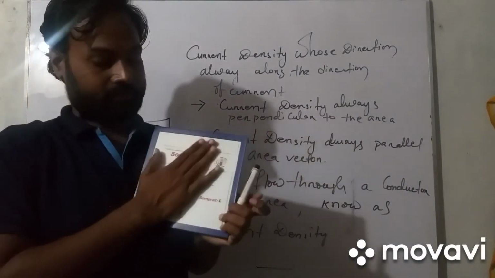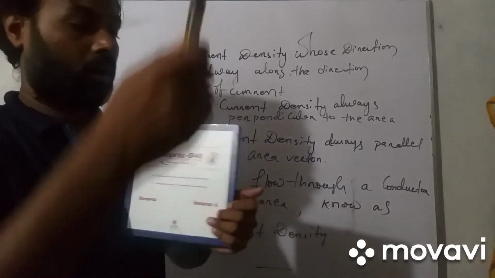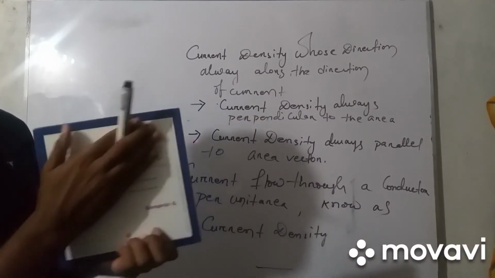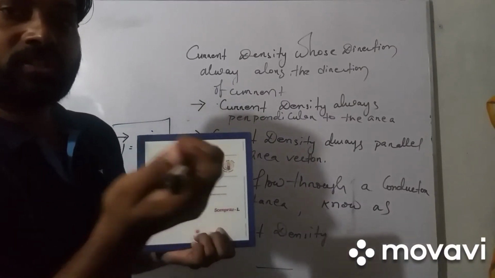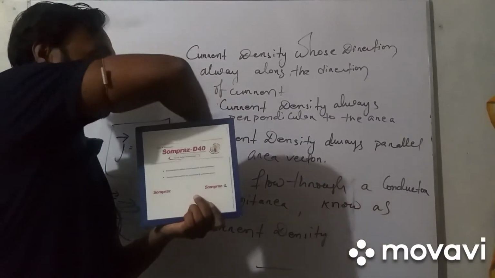Suppose this is the area, and that direction is in that way or in the opposite way. So this is the face of that area which is facing towards you or towards the blackboard. So this is the direction of the area.